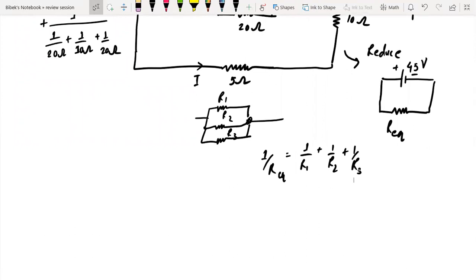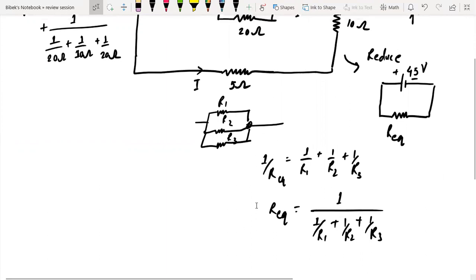You don't need to do cross multiplication. What you can do is just reverse everything. So R equivalent will be 1 over, 1 by R1 plus 1 by R2 plus 1 by R3. So this is your equivalent resistance.